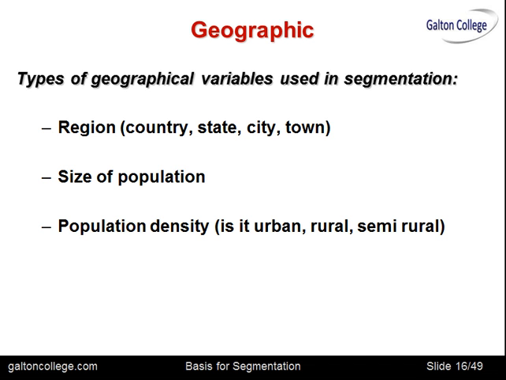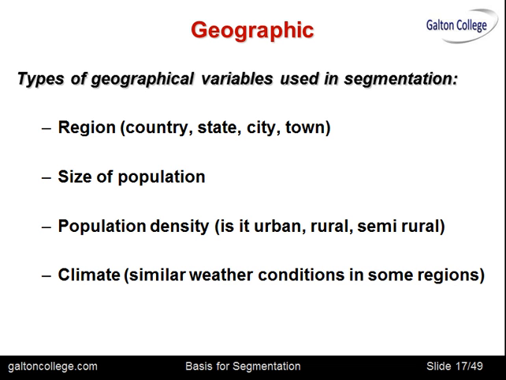Urban, rural and semi-rural. People living in the countryside may have different requirements to people living in urban settings. Living in the rural environment, people have different needs. So that could be used as a basis of segmentation. And the climate may be different. For example, back to India for a moment.